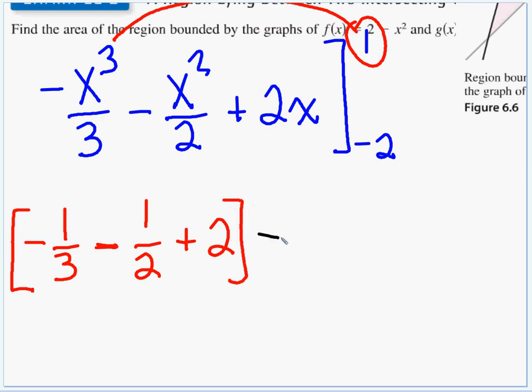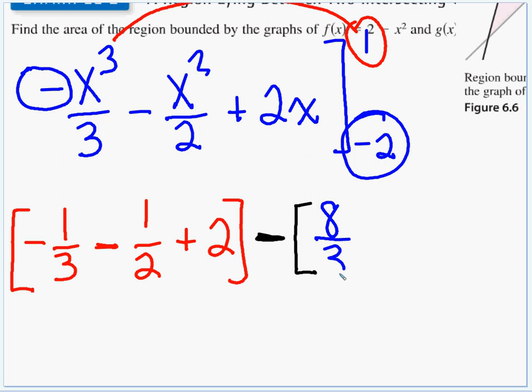And now we are going to subtract as a quantity our lower limit, negative 2. Now be careful, we've got this negative out here. When I plug the negative 2 in and cube it, that's going to be a negative 8, and then this negative is going to hit it and make it a positive 8, 8/3. It's real easy to lose track of that negative and get the wrong sign on there.